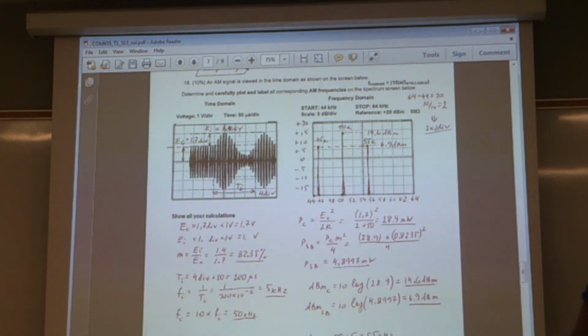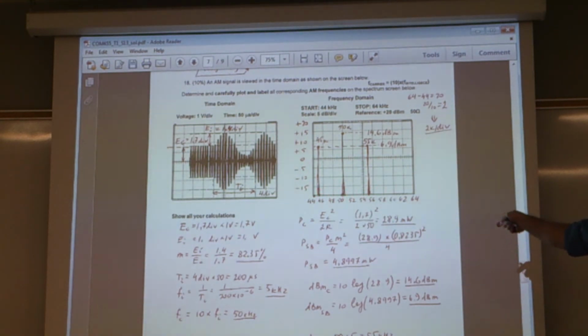Now I need to use this information to build that structure, to grow these two trees. Where will these trees be located? Okay, I need to find out the size of my window. And that's the size of my window. 44 start, 64 finish. 64 minus 44 is 20, divided by 10, that means each division is now 2 kilohertz.